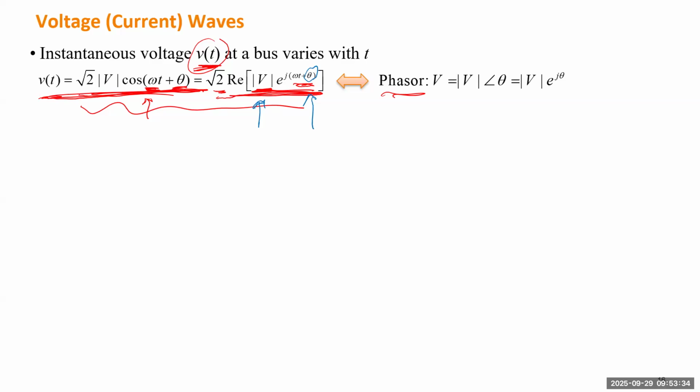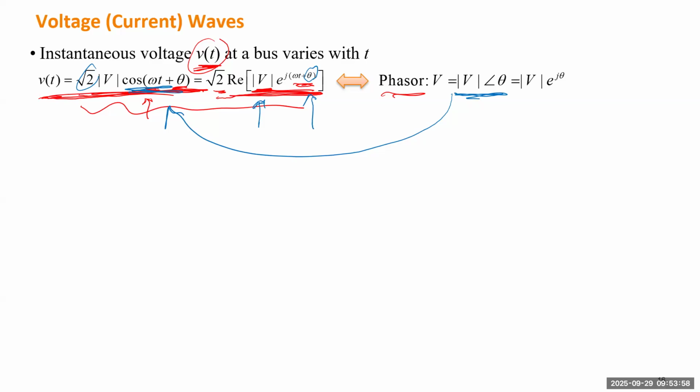Once we know the absolute V and the theta, we can construct a phasor. And from this phasor, we can go back to the original accurate formula. We just need to multiply the RMS value by square root of 2 and construct this cosine function by adding omega t.